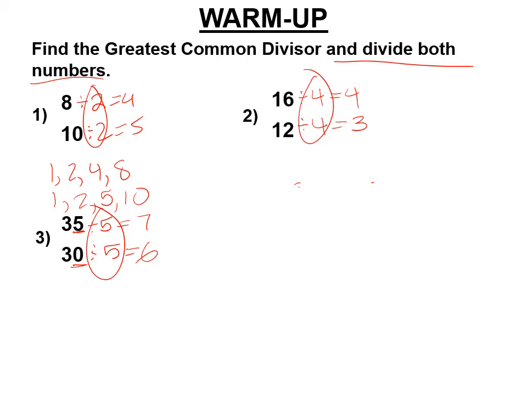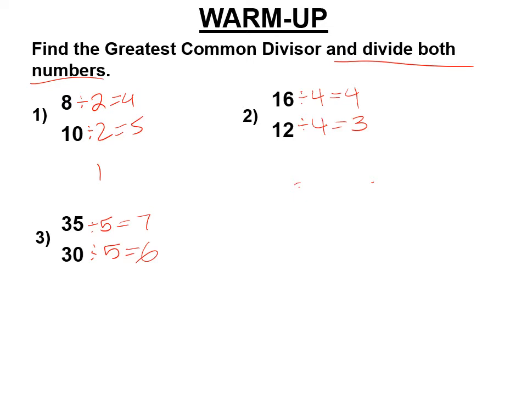Now we're going to simplify a fraction today. Now, if you've done this work the way I've shown it on here, you've basically already simplified a fraction. Because if you have to simplify the fraction 8/10, it simplifies to 4/5. If you simplify the fraction 16/12, it simplifies to 4/3.